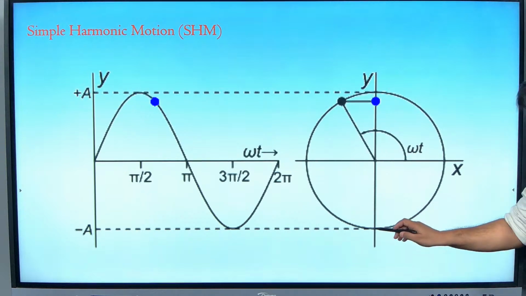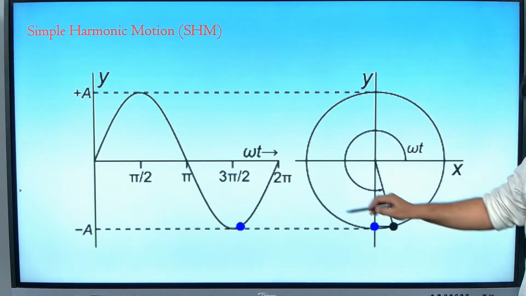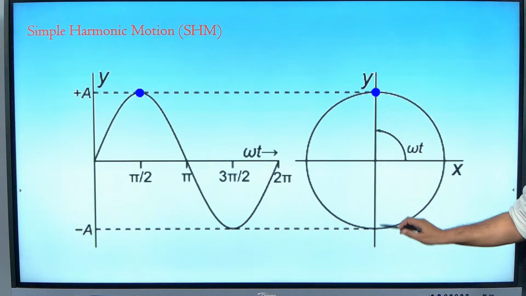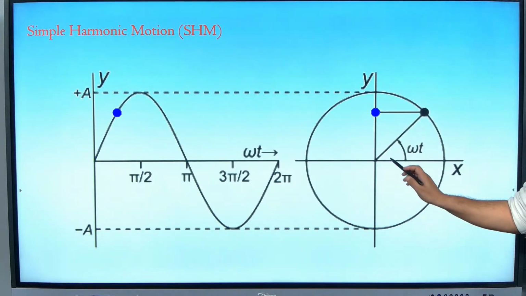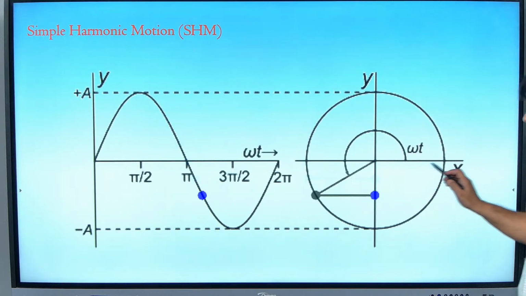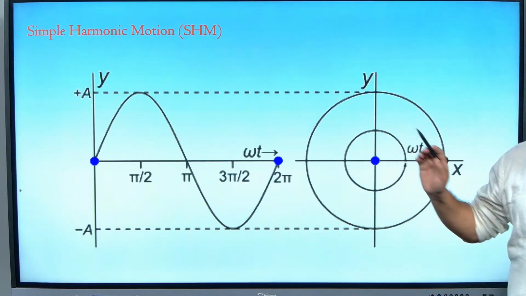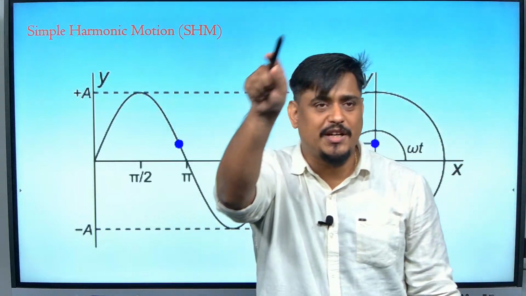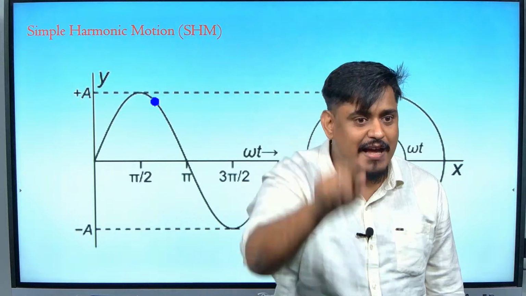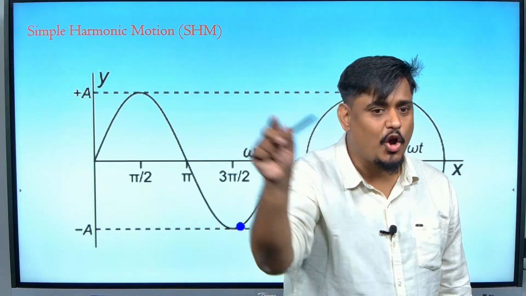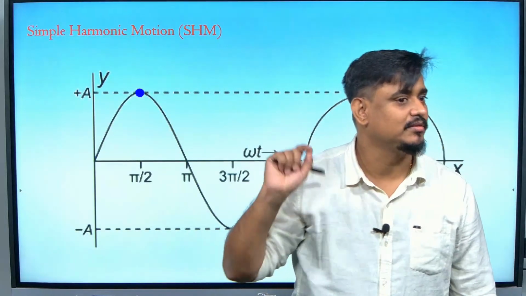So, when the black particle is undergoing circular motion, the blue particle is undergoing oscillatory motion. Not only at this point, if I take a point on the x-axis, the same thing happens. So remember, if one object is undergoing circular motion, its projections on the x-axis and the y-axis are undergoing oscillatory motion.